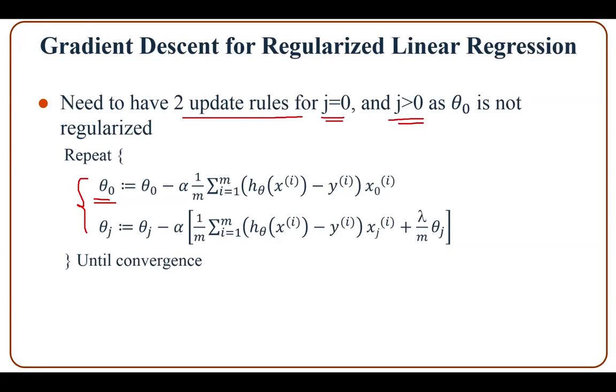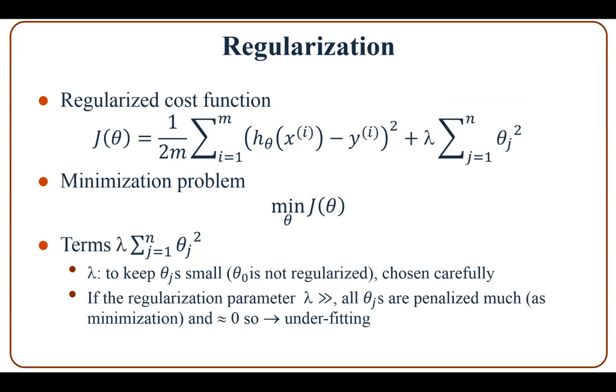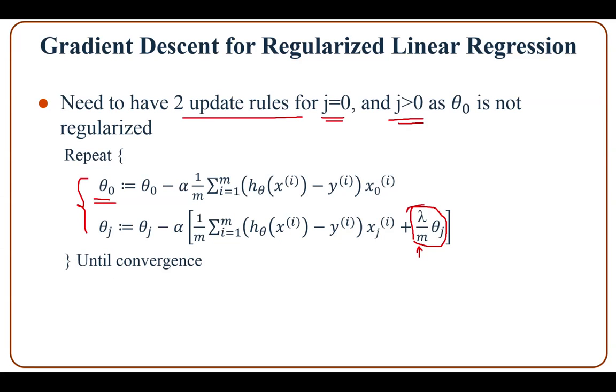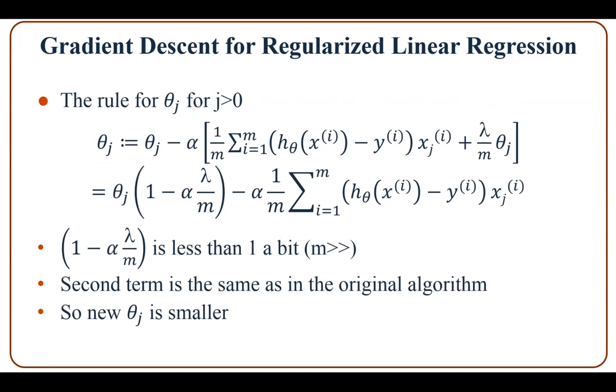For theta other than theta naught, from the cost function, taking the derivative, you can see that there is another term at the end, and that term actually comes from here, right? Now we convert the update rule a little bit and combine that term with theta j, and what you have is this.